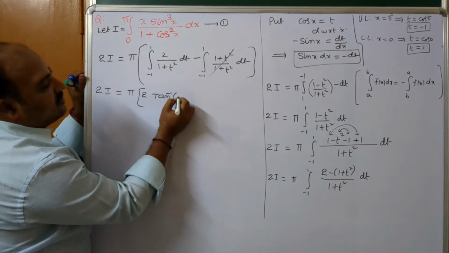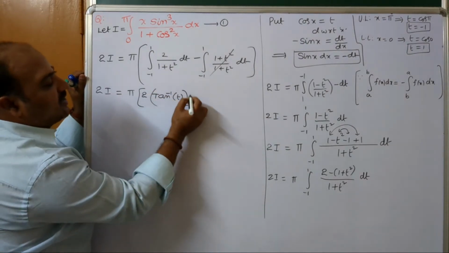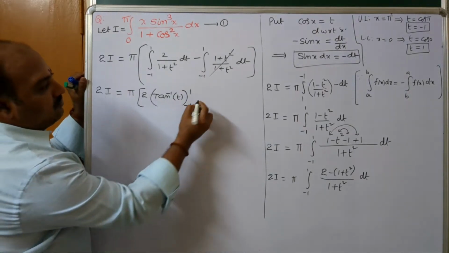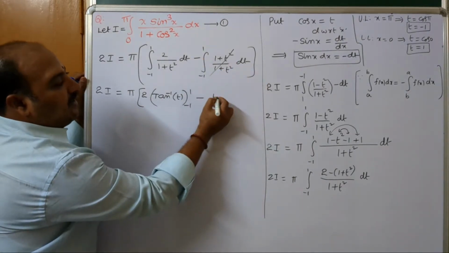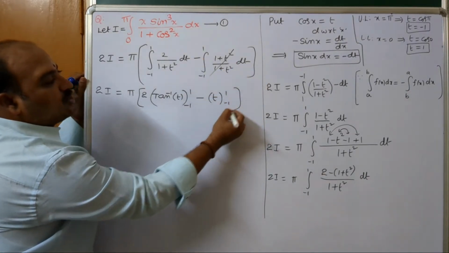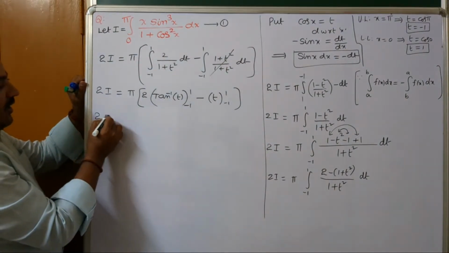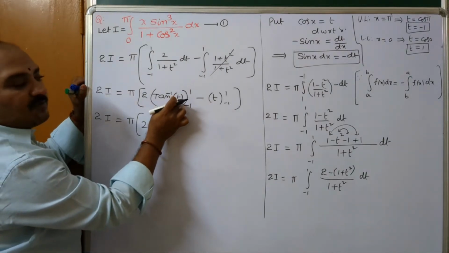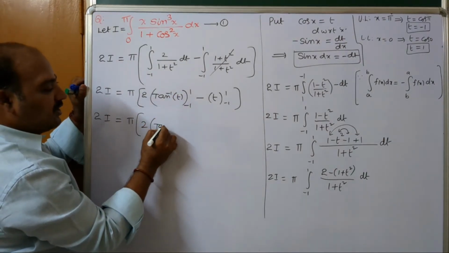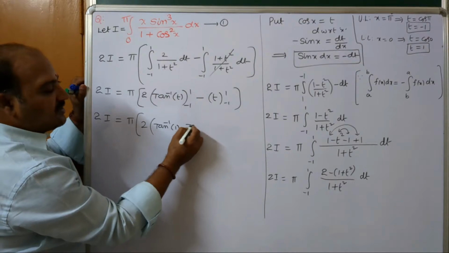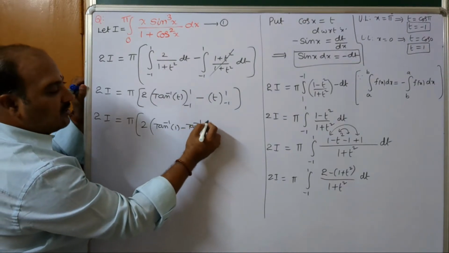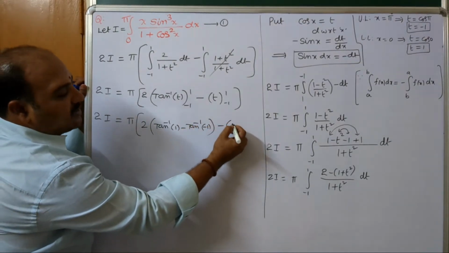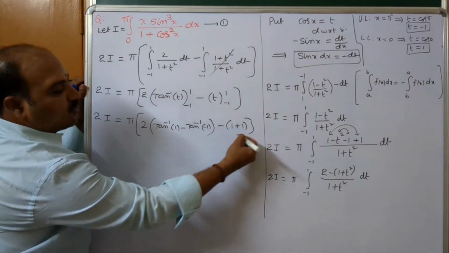So tan inverse of t, applying the limits -1 to +1, minus integral dt, t, applying the limits -1 to +1. So 2I equal to pi into 2 into, in place of t substitute upper limit tan inverse of 1 minus tan inverse of -1, minus 1 minus of -1 plus 1.